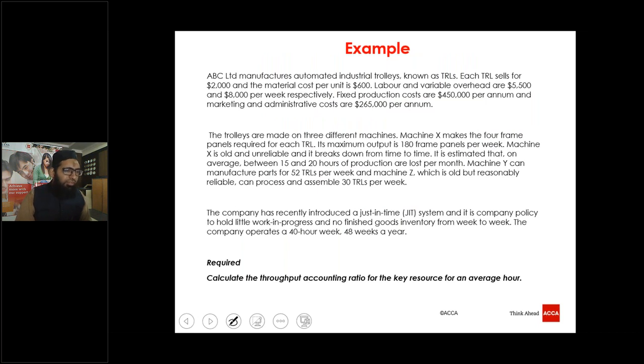Now let's see the example over here. So please read the example.